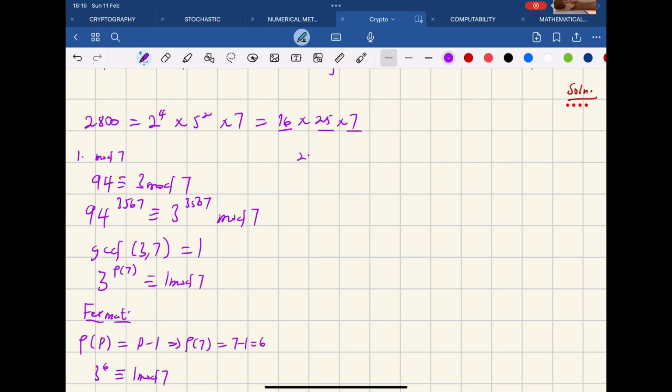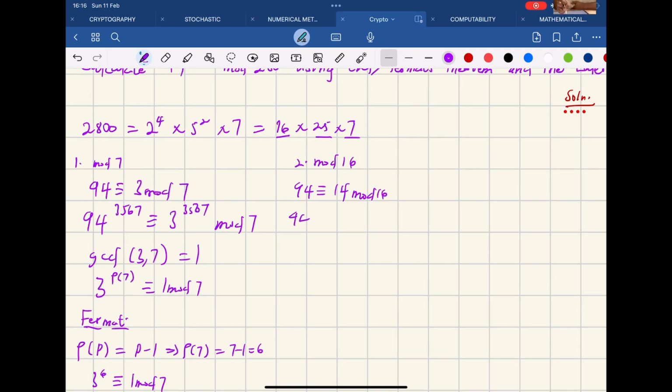Now let's consider mod 16. The same procedure: 94 in terms of mod 16 is 14 mod 16. Then the exponent comes, so 94 exponent 3567 is congruent to 14 exponent 3567 mod 16.